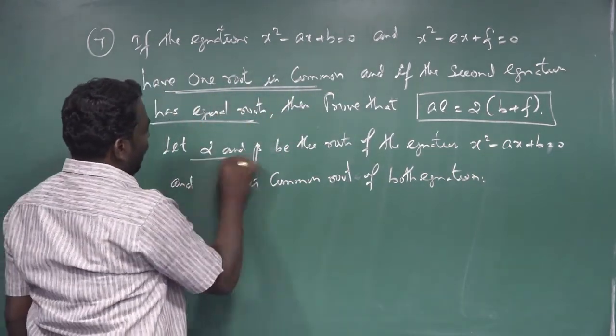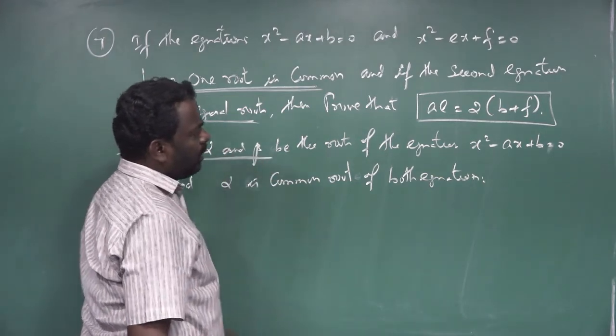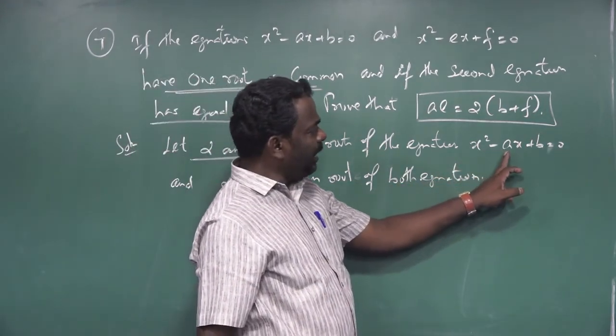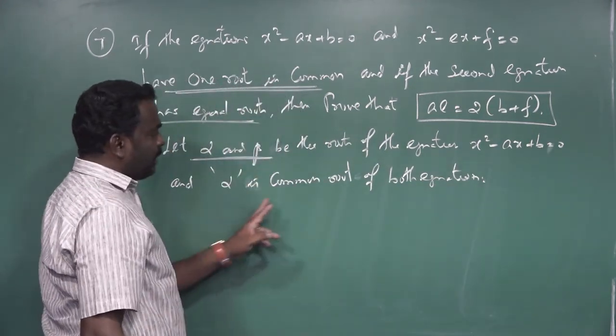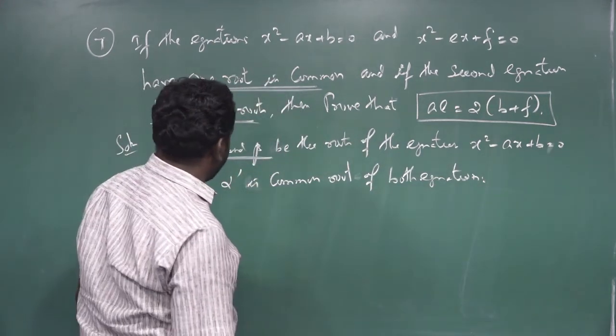Now here define alpha and beta as roots of the equation x square minus ax plus b is equal to 0, and alpha is a common root of both equations.